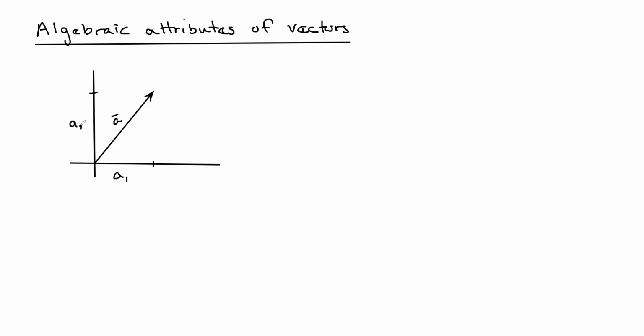This is A2. And we can define vector A as being A1, comma, A2. Okay, so this enables us to algebraically define a vector in terms of its coordinate pieces. So these are called the components. So the x component and the y component.